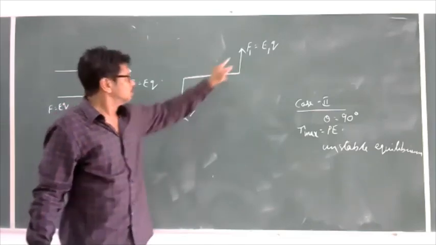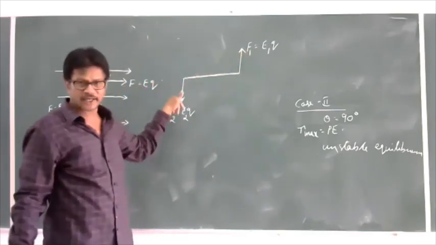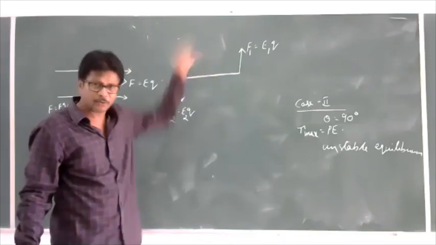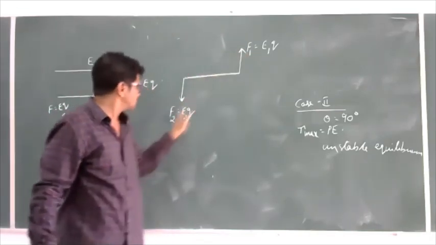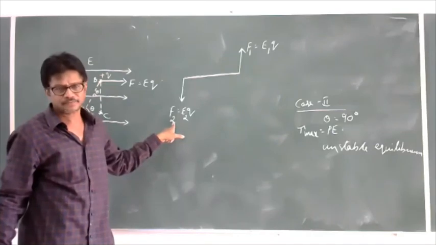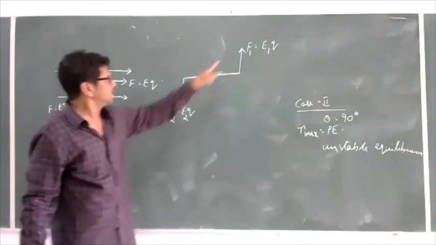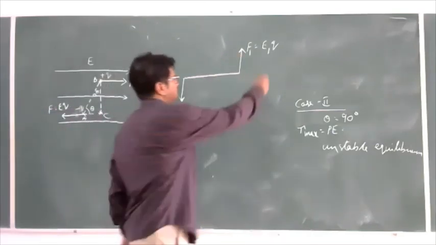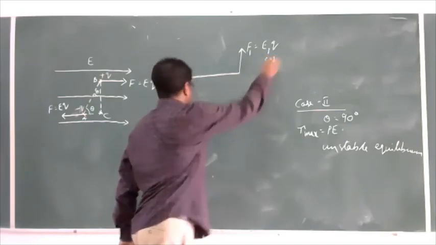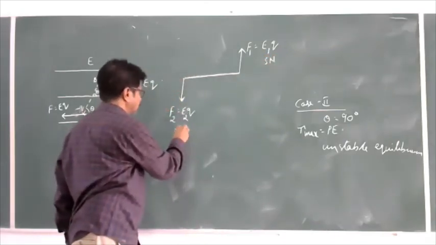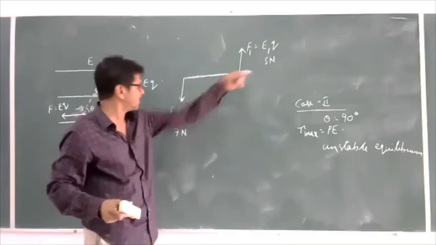No. Though those two are acting in opposite directions, the magnitudes are different. For example, take F1 is equal to 5 newton and F2 is equal to 7 newton.